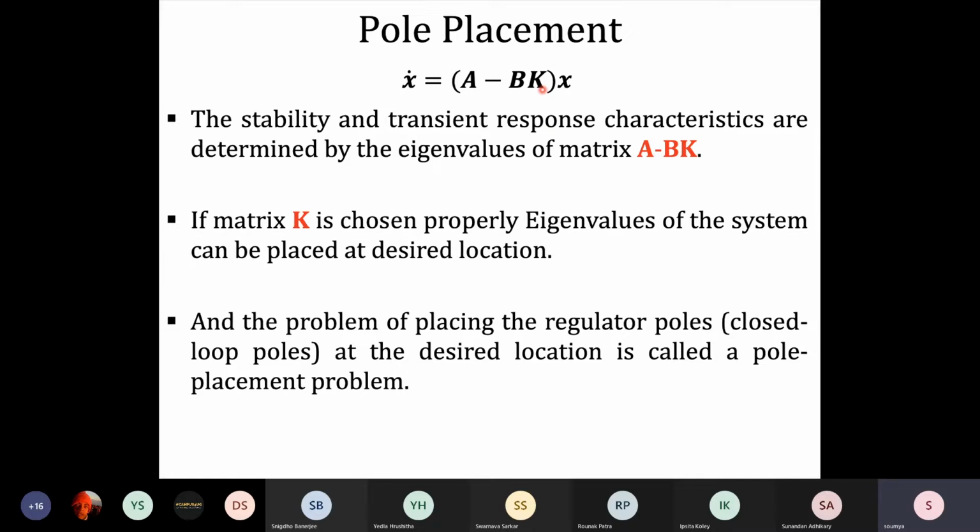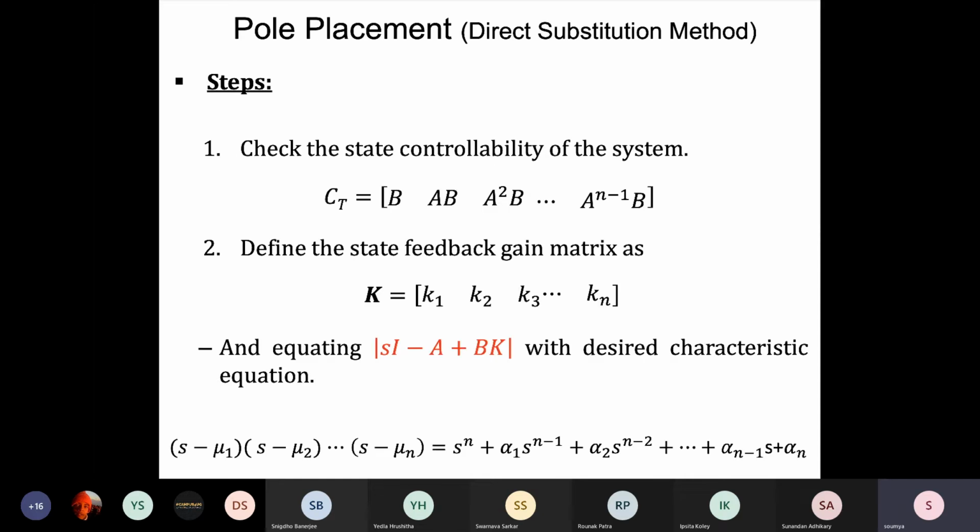If you remember, while computing the eigenvalues, first you derive the characteristic equation. If I take this in the S domain, it is going to be sI minus A plus BK, and the determinant of this has to be the desired characteristic equation of the system.